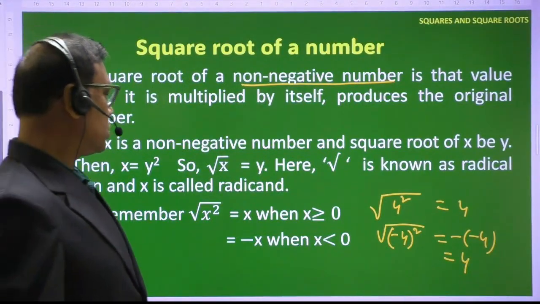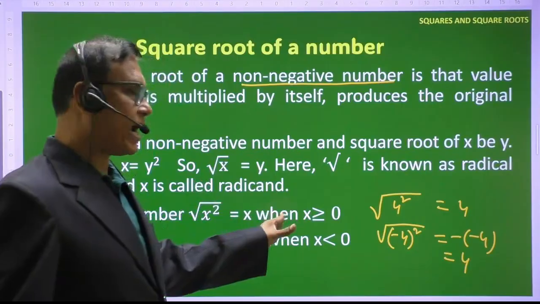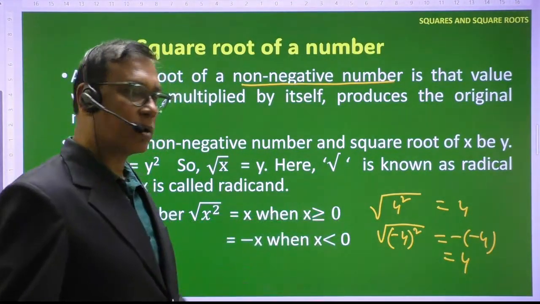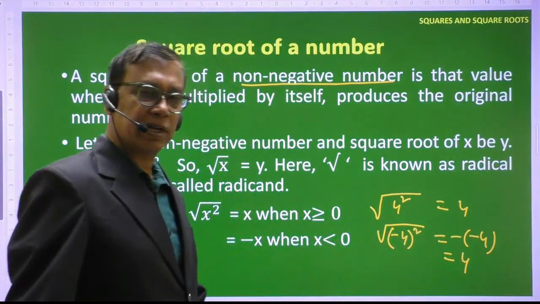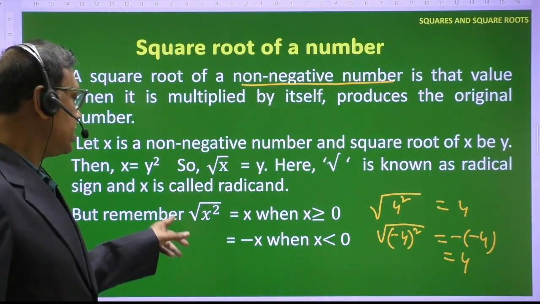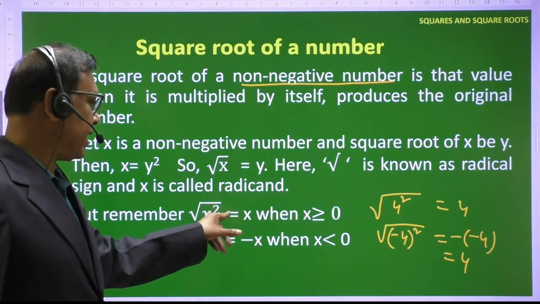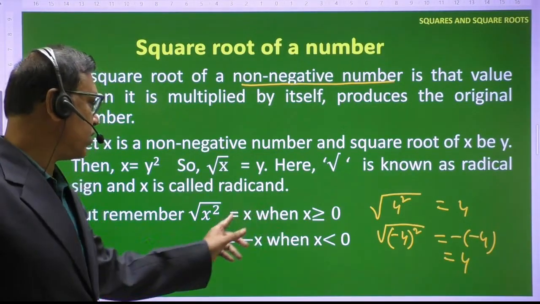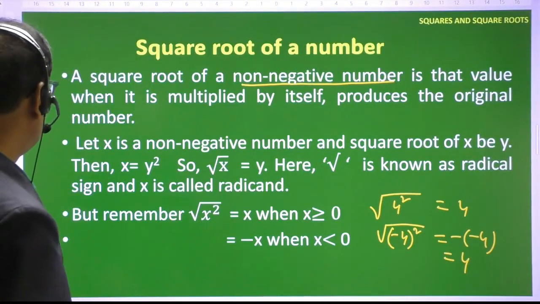If I always write only x, then the answer will be wrong, because in case of minus 4 whole square, the result would be minus 4, but that is wrong. So that's why we have to consider two cases. When x is greater than or equal to 0, then x, but when x is less than 0, we write minus x. I think this part is clear.